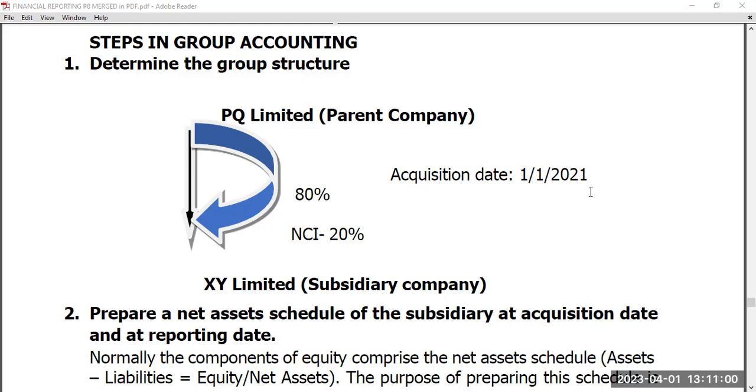We are going to look at them one by one and try to understand these stages, because these are the things you are going to find in the question. First of all, when you are given any group accounting question, the first thing you look at is determining the group structure.